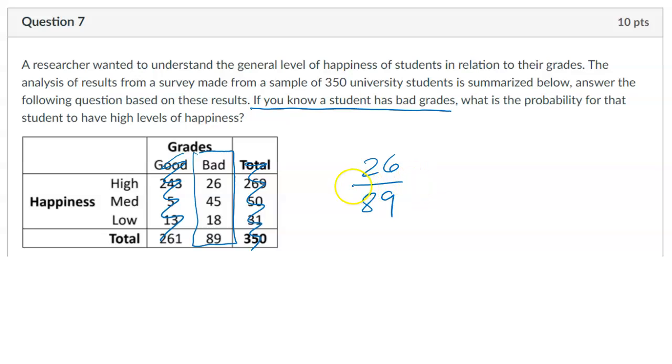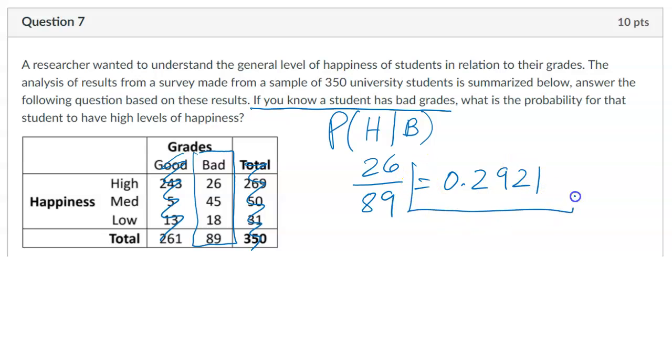Just in case, this is what I'm asking: the probability that a student has a high level of happiness given that they have bad grades. And that is this, 26 over 89, that is 0.2921. And this will be the answer to this question.